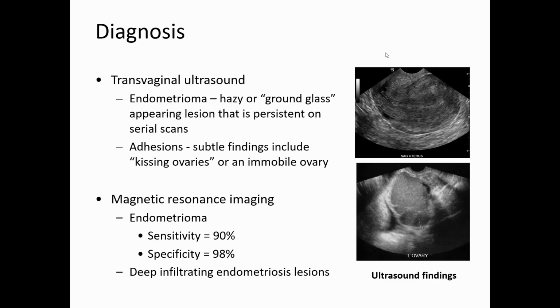Beyond the history associated with an endometriosis patient, diagnosis can be had based on imaging studies, specifically ultrasound and magnetic resonance imaging can be valuable towards identifying particularly ovarian disease. Ovarian disease is also known as an endometrioma, which is a hazy appearing cyst within the ovary itself.